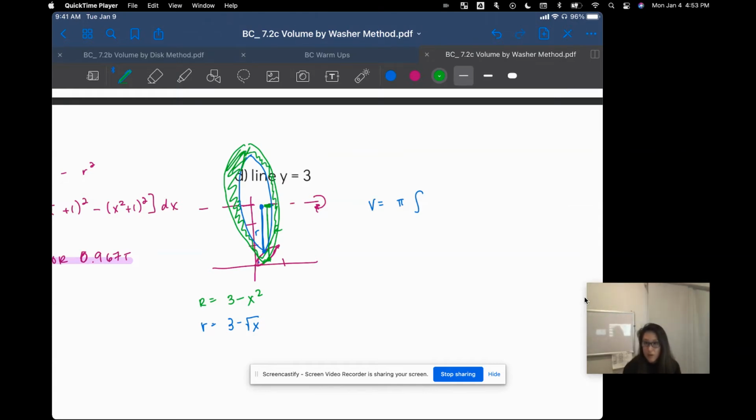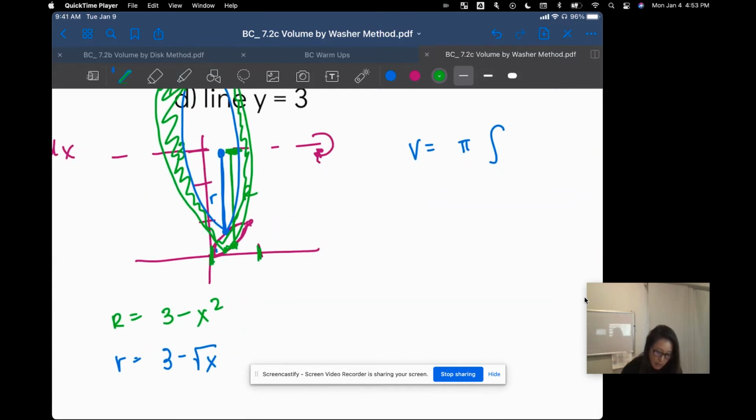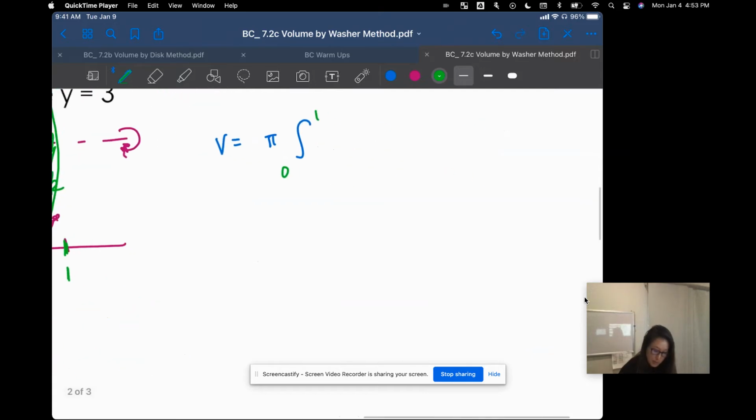One cross section of your washer would look kind of like that. Not that pretty. Okay, so how many times are we cutting up the figure? We're cutting it up infinitely between x is equal to 0 to x is equal to 1, creating an infinite number of washers. So from 0 to 1.